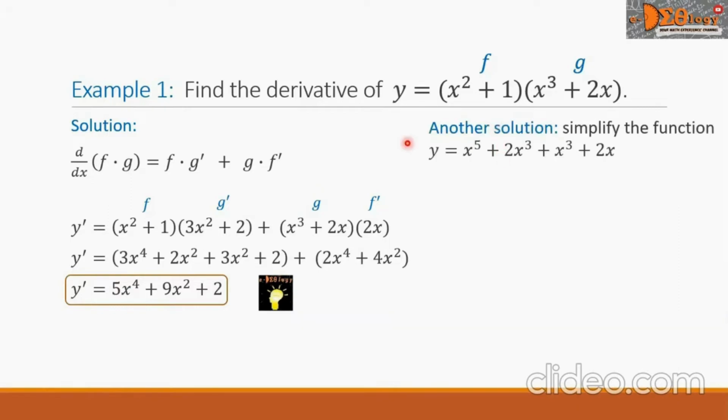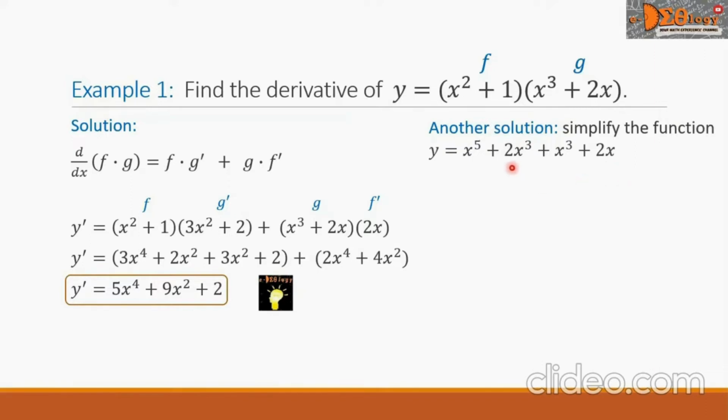We have another solution to consider, and that is to simplify first the function. We will get the product of this function, so we have now y equals x raised to 5 plus 2x cubed plus x cubed plus 2x.